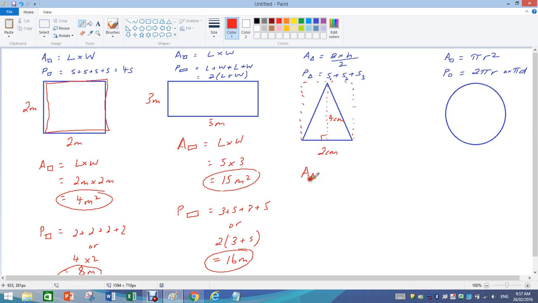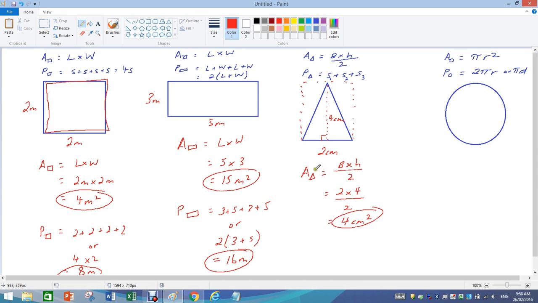So area of a triangle equals base times height over 2. So the base is 2 centimeters times the height, 4 centimeters, and then we divide it by 2. So that's 2 times 4, which is 8, and then 8 divided by 2 is 4. Again, because it's area, it's 4 centimeters squared.